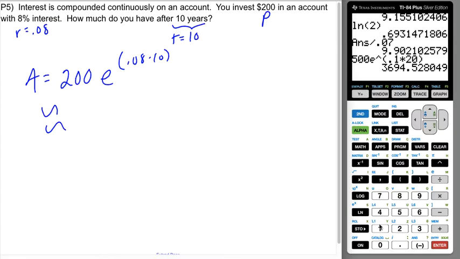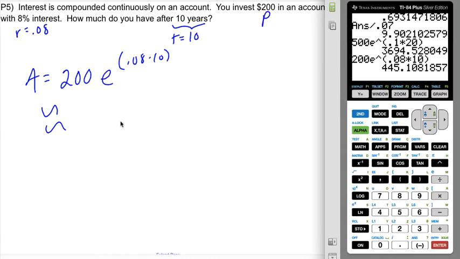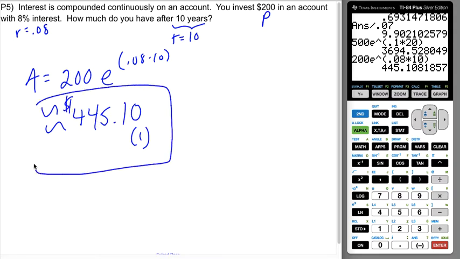So if you want, you can either do second enter or you can type the whole thing from scratch. Doesn't matter to me. So second natural log, 0.08 times 10. All right, and we get that that's $445.11 or 10 cents, depending on if you round or truncate. Make sure you put a dollar sign.